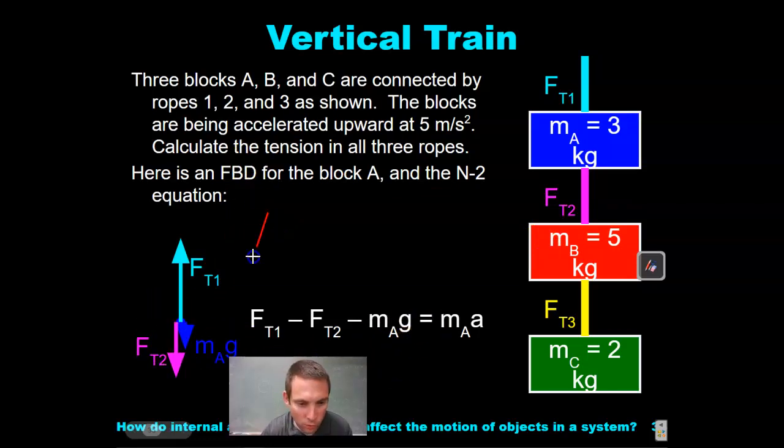Let me show you, whoa, not straight lines, please. Freehand. Stuff that makes it go minus stuff that holds it back. So this is FT1 minus FT2 and FT3.